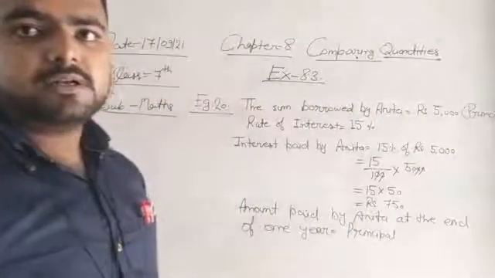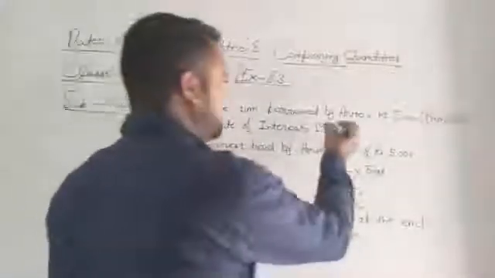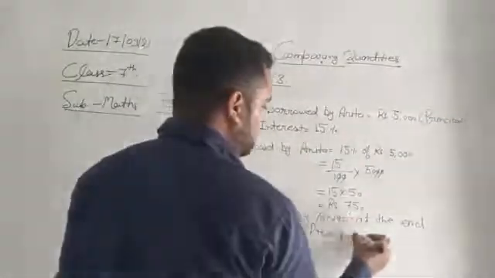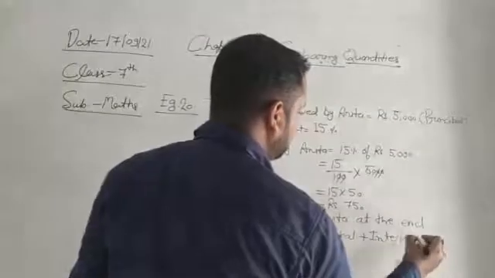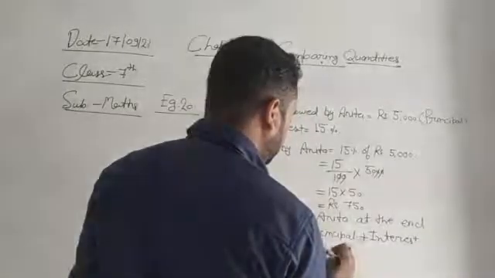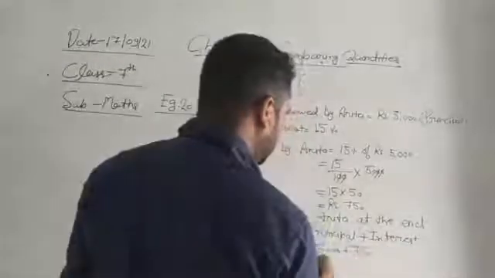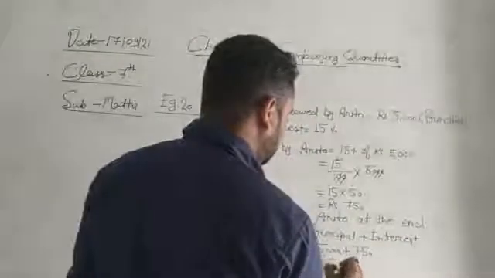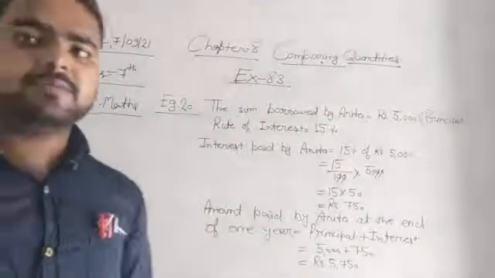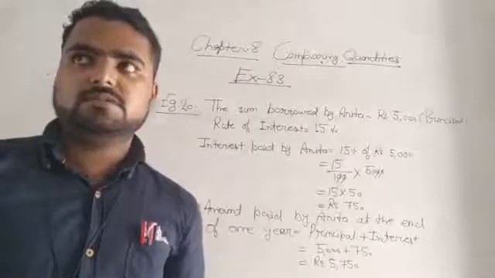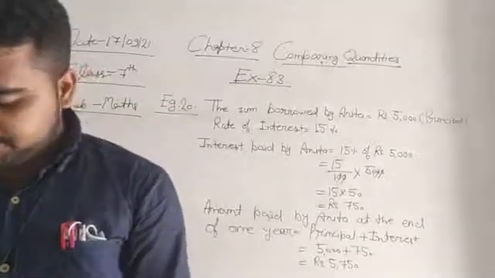This principal 5000 rupees is the principal, and this is rate of interest, and this is plus interest. We calculated interest as rupees 750. So 5000 plus 750 is equal to rupees 5750. So 5750 rupees Anita has to pay to the bank after 1 year.